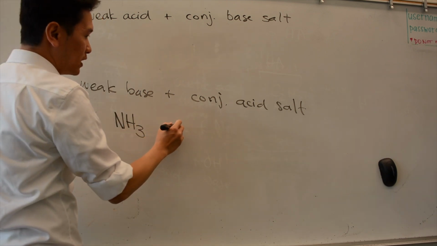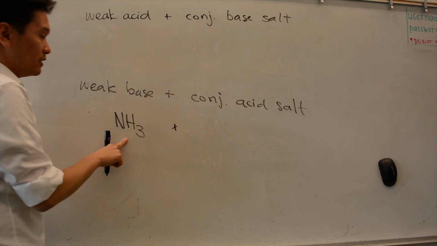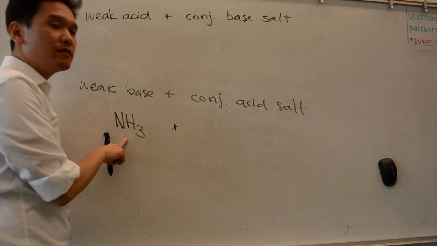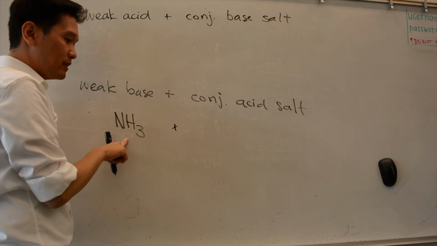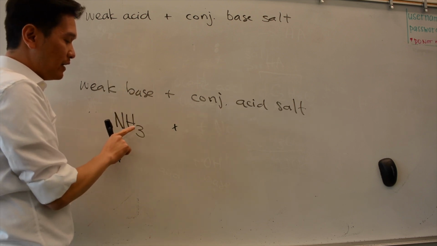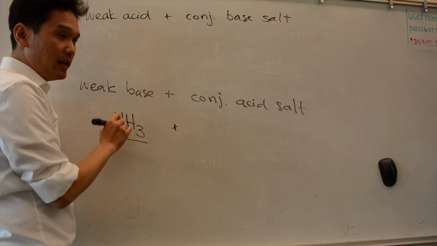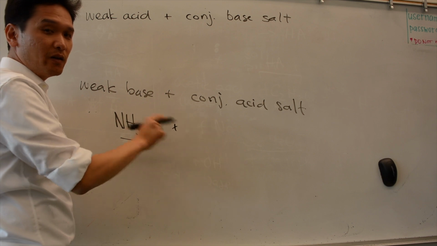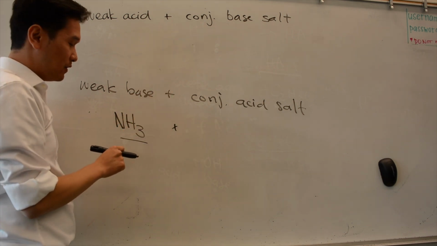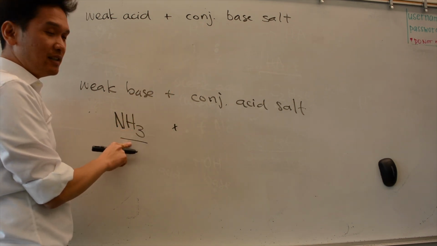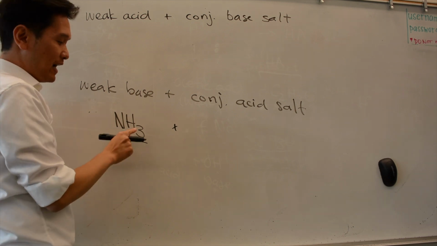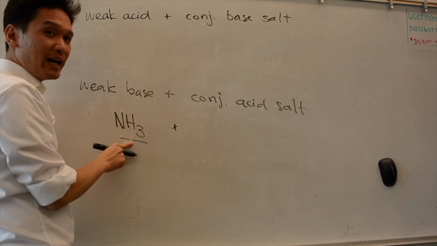What do you think would be the conjugate acid of ammonia? Remember from that section in the previous videos, how if I give you a molecule and ask its conjugate acid or its conjugate base, you should be able to do so. So what is the conjugate acid of NH3? The conjugate acid of this would be as if this reacted as a base, right?